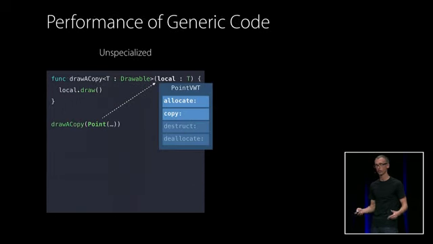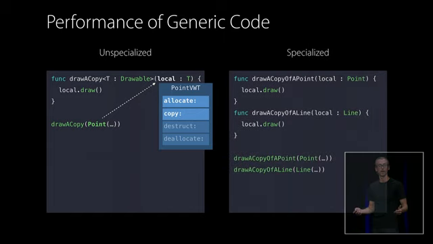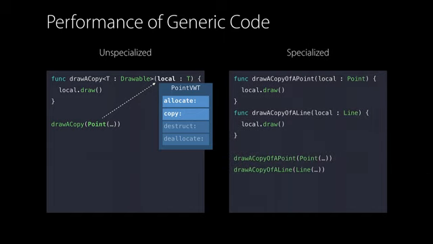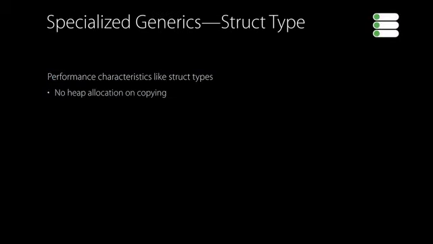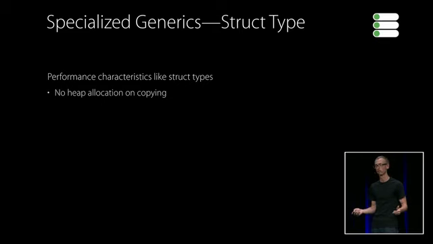Okay, so we've seen how unspecialized code works using the value witness and the protocol witness table, and how the compiler can specialize code, creating type-specific versions of the generic function. Let's take a look at the performance of this. First, looking at specialized generic code containing structs.